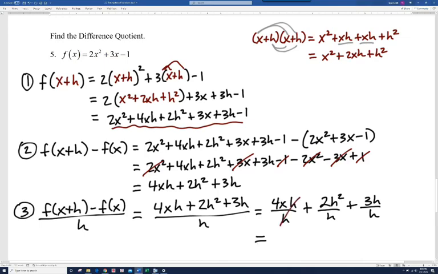And so finally, we're going to get 4x. Now remember, 2h squared over h, that's just going to be 2h. Basically, one of these h's will cancel with the other h, and we'll be left with 1 h in the numerator, so 2 times h, and then we'll end up with 3 at the end there. All right, so you can see we did a fair amount of algebra there, and so that's how you find the difference quotient. And that's the end of this video.